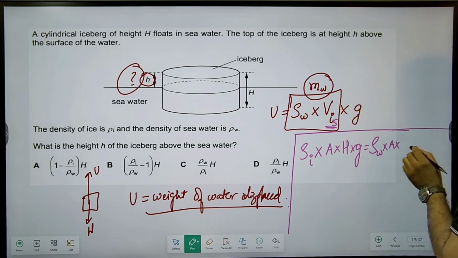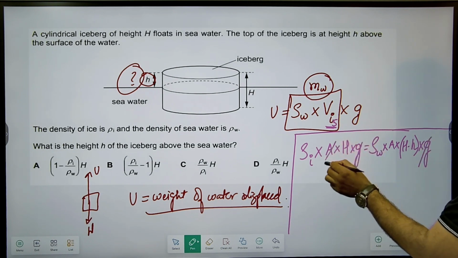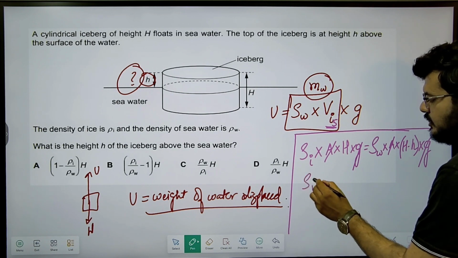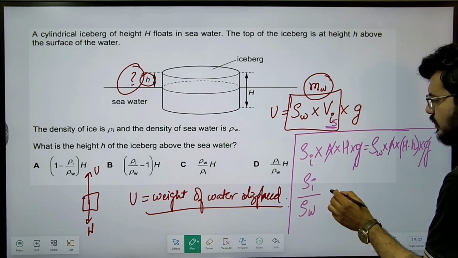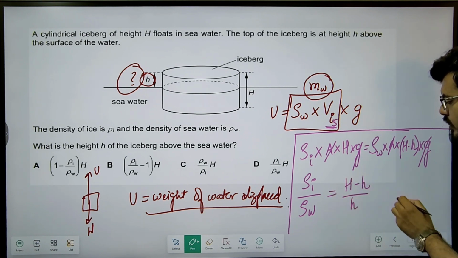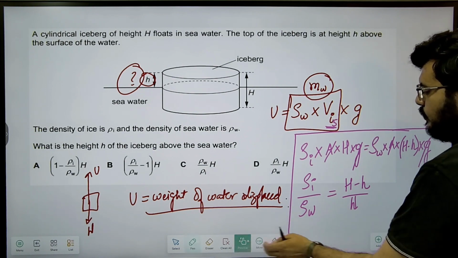So I can write this as into capital H minus small h into g, right? g can get cancelled, the base area is equal. So I can write density of iceberg upon density of water is equal to H minus h upon capital H. Is anything else remaining? No.